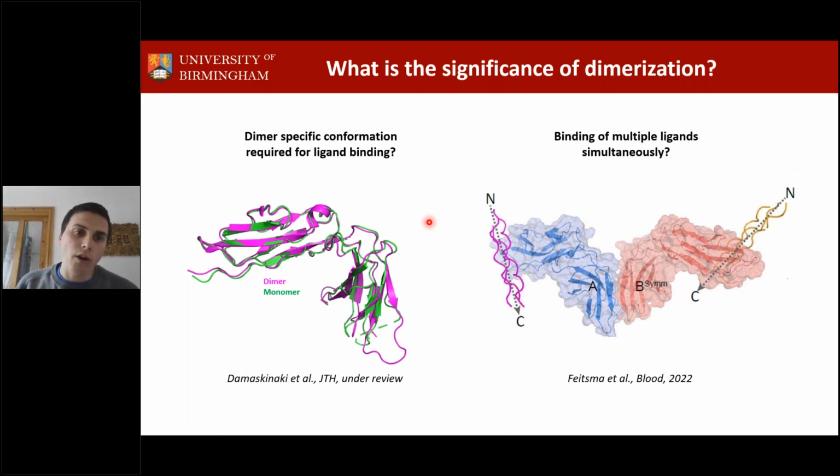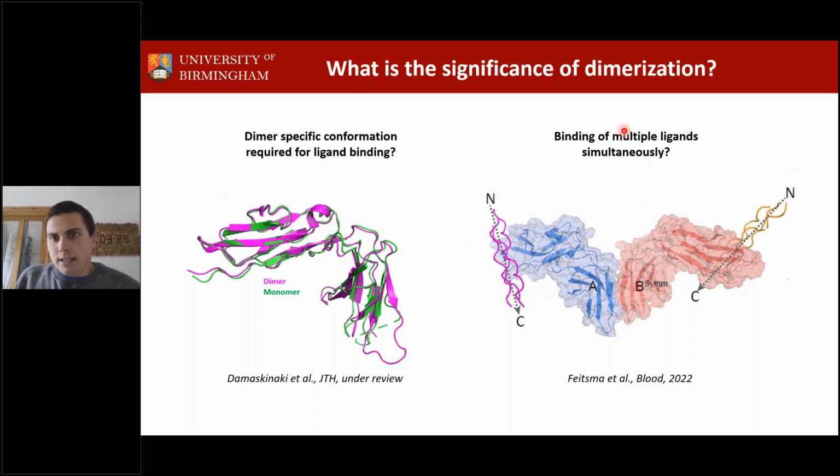Well, if you overlay the monomeric structure with a single subunit from the dimeric structure, the ligand binding sites are unchanged, the exact same binding pocket. So there doesn't seem to be any conformational change that occurs when you dimerize the receptor.